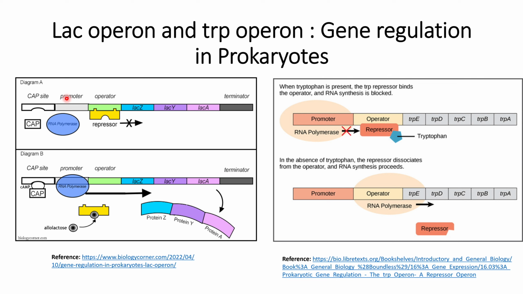We will understand this operon concept through one more example, that is Trp-operon. The Trp in this Trp-operon represents tryptophan. In order to form proteins, the basic requirement is amino acids.